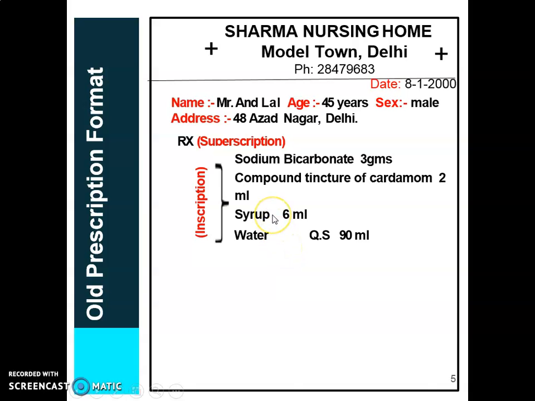In this prescription, sodium bicarbonate is an antacid drug. Maximum dose 3 gram. Compound tincture of cardamom 2 ml as a flavor. Syrup 6 ml as a sweetener and water as a vehicle.